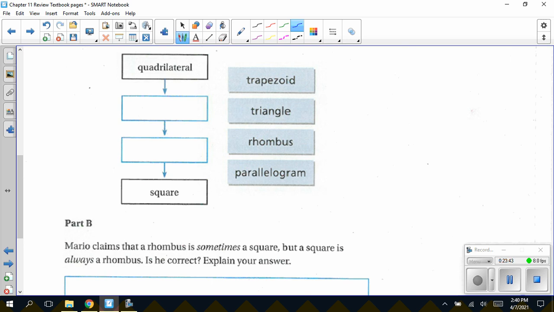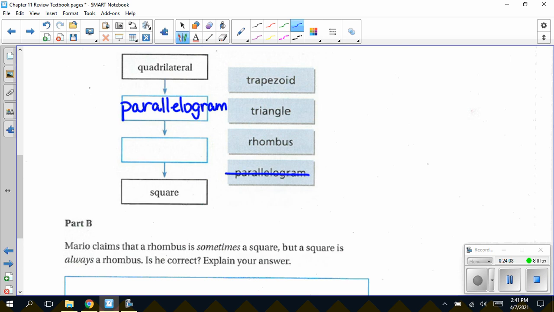If you remember from lesson 4, when we are working with the quadrilaterals, after the quadrilateral group, we then went into the parallelogram group. The parallelogram.